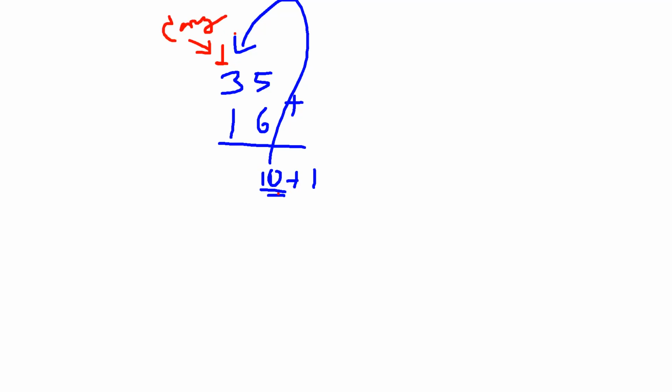It's 10, so that means it becomes 1 right here, and the carry is 1. When you add 3 to this one and then carry in 1, it becomes 5. So it's 51.